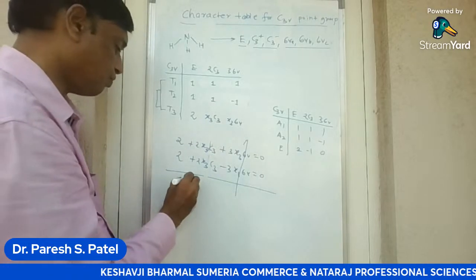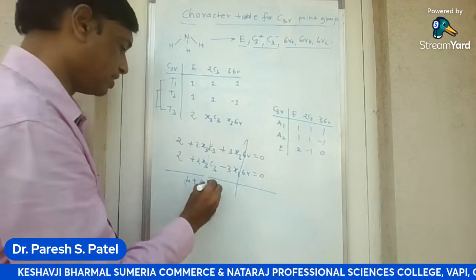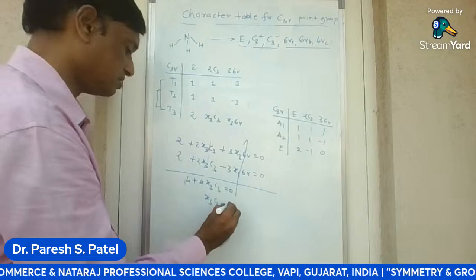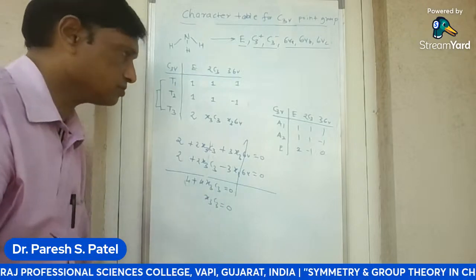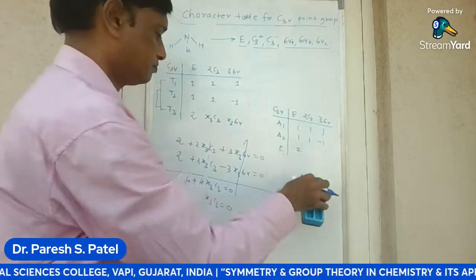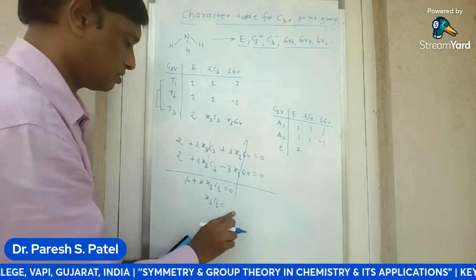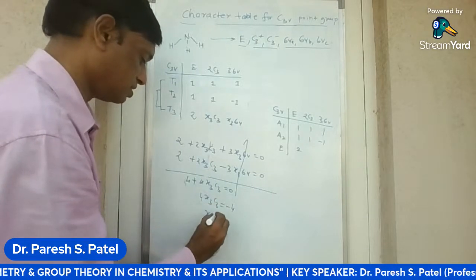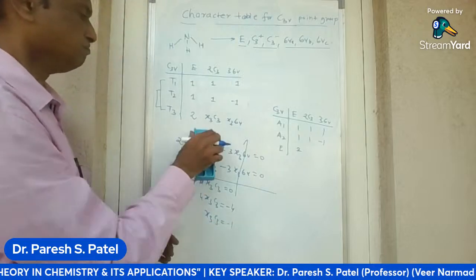Adding, 2 plus 2 is 4, plus 4 character 3C3 is equal to 0. It means the value for character 3C3 is equal to, sorry, minus 4 divided by 4, so character 3C3 is equal to minus 1.